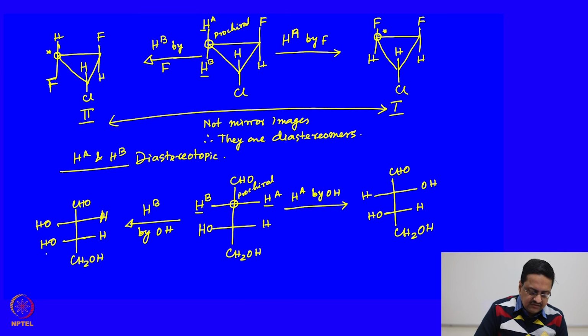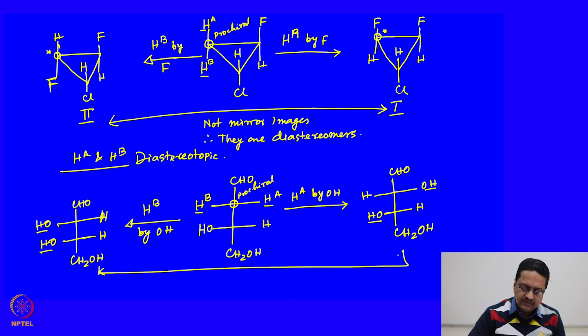What we notice here is that in this molecule you have both the OH groups on one side, here the two OH groups are on the opposite side. So, these two compounds are diastereomers. So, this HA and HB are diastereotopic.